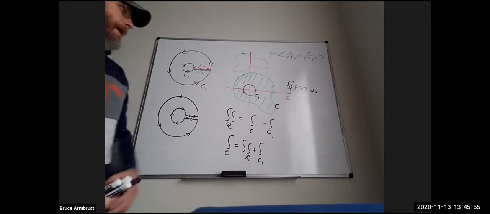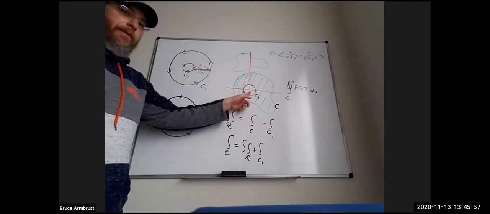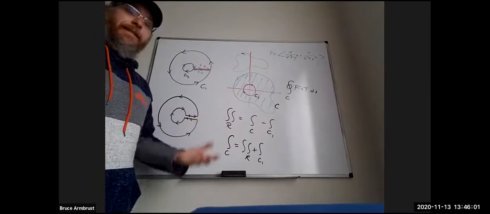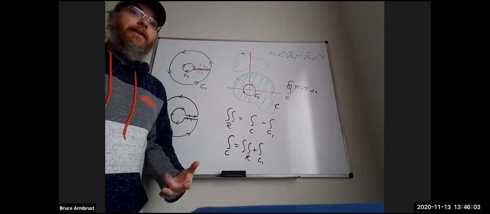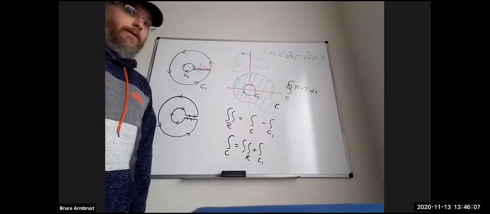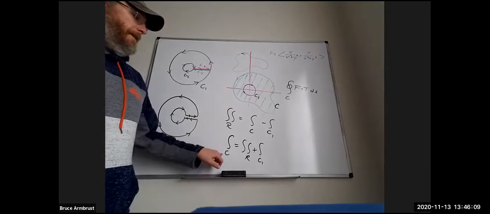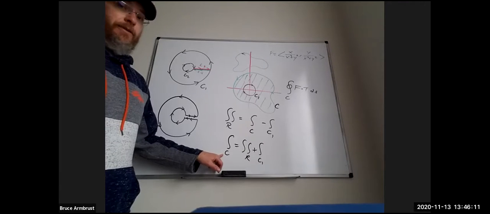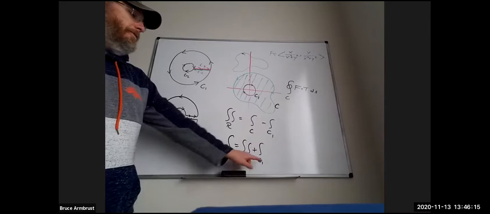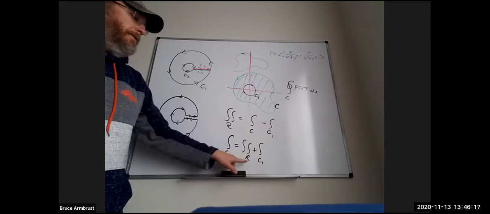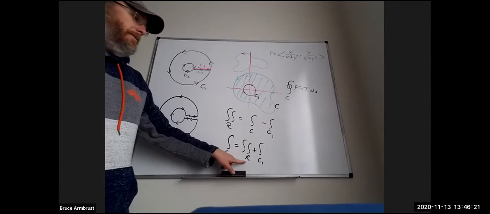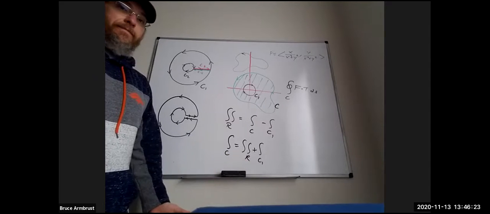But if I make C1 a good curve, something that's easy to parameterize or whatever, then I can actually do that line integral simply. So it takes a line integral that's basically impossible to do, and trades it out for a line integral that we can do, and adds to it a double integral over the region.